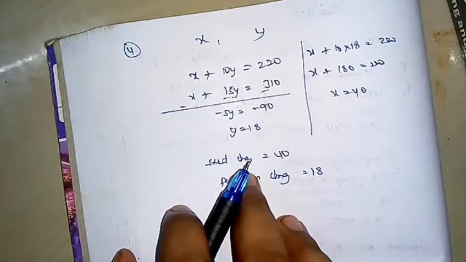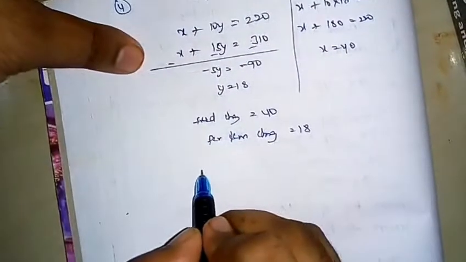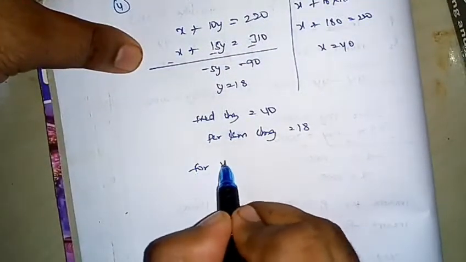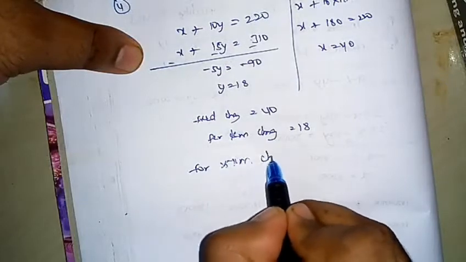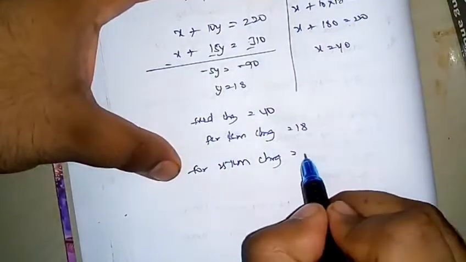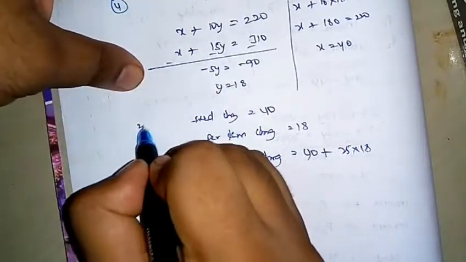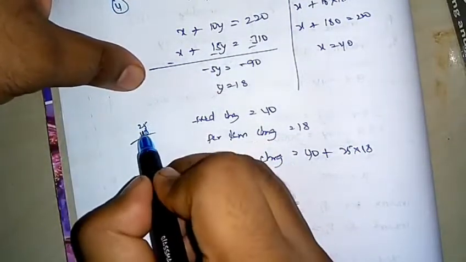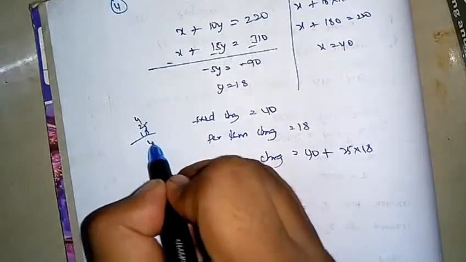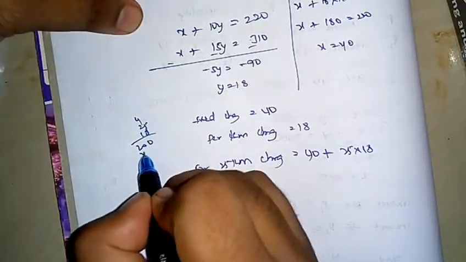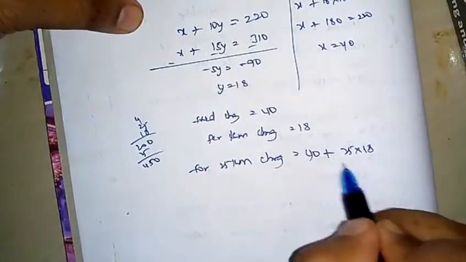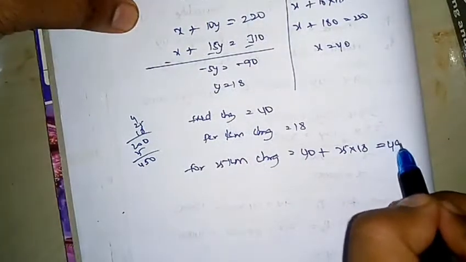Now how much does a person have to pay for traveling 25 kilometers? For 25 kilometers charge is equal to 40 rupees plus 25 into 18. 25 into 18 is 450. 450 plus 40 is 490.